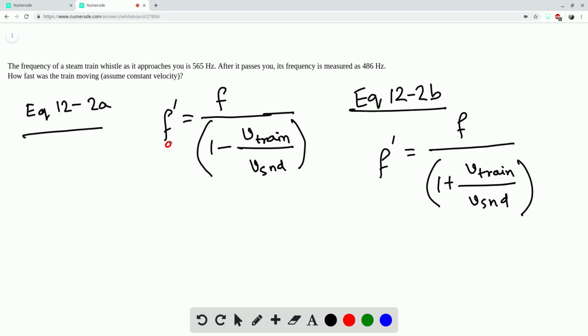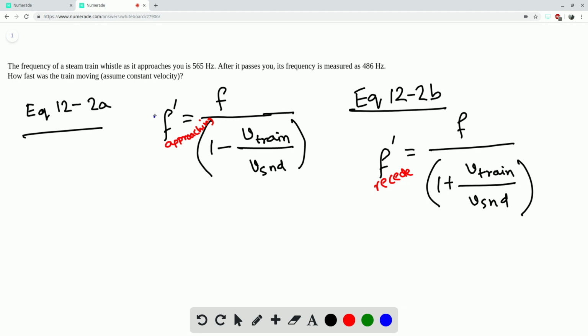So this is approaching and this is moving away or receding. Okay, so we know these two numbers.